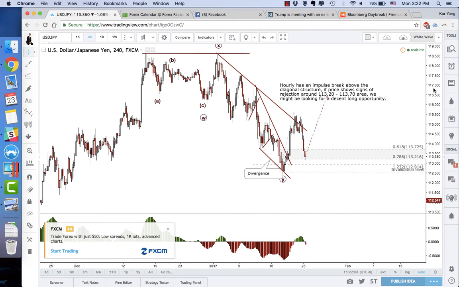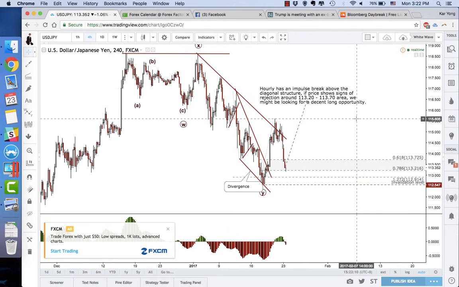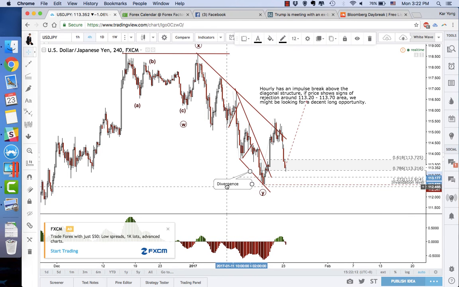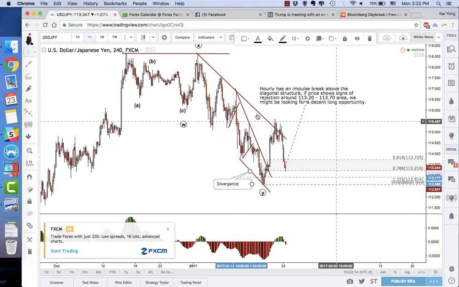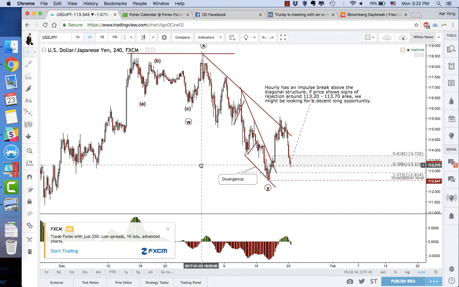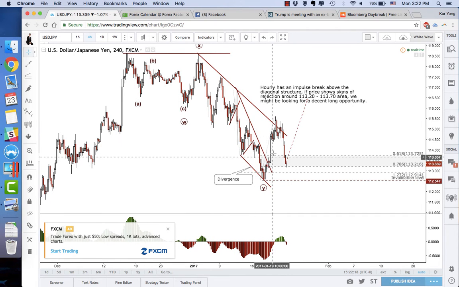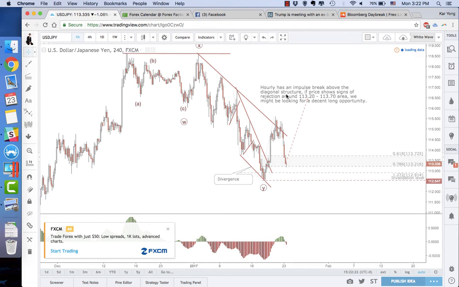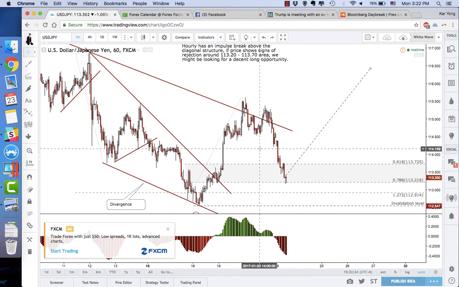Dollar yen is very similar, moving according to the dollar index. On the 4 hour, we can see that price last week has broken above this diagonal structure. On the hourly, we do have a divergence as well.